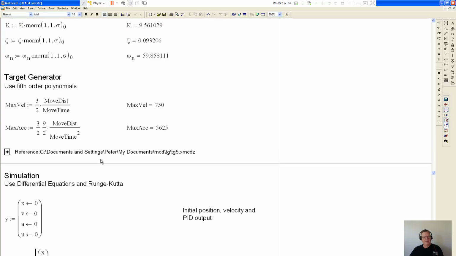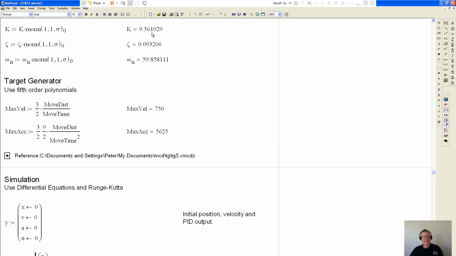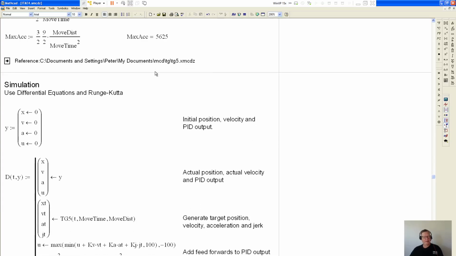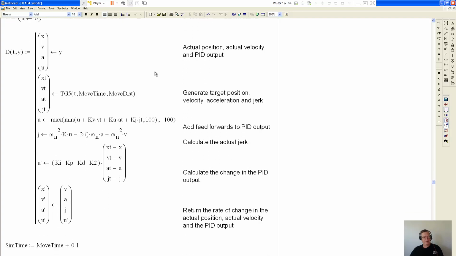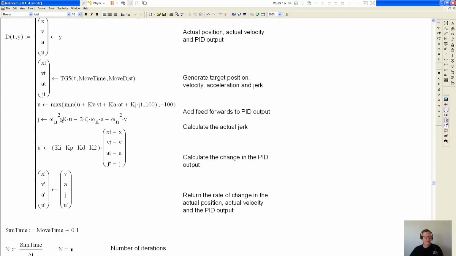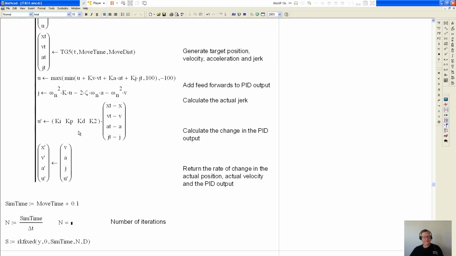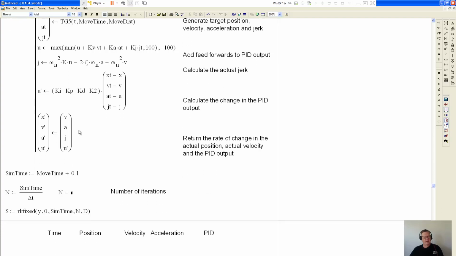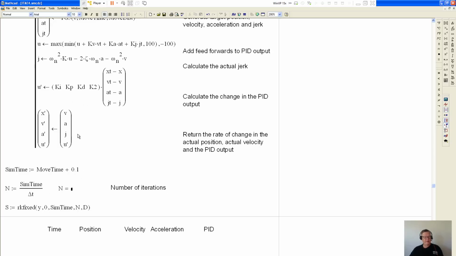So I assumed that originally this was 10, and now it's 9.5. I assumed this is 0.1, now it's 0.905, and this is assumed to be 10 hertz or 62 radians per second, and now it's 0.59. And I'm doing the motion with the feed forwards. I'm calculating the jerks and using Runge-Kutta to integrate this.